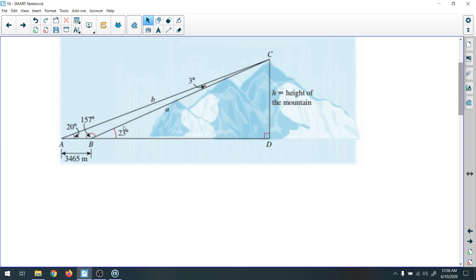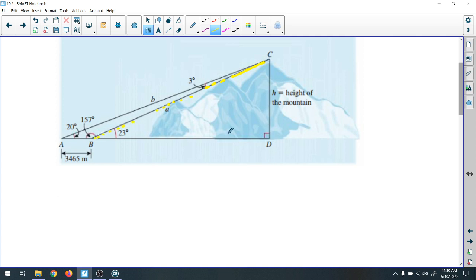So the first target, not to find the height, but to find this side, CB. We're looking for this. This is my target to find first.